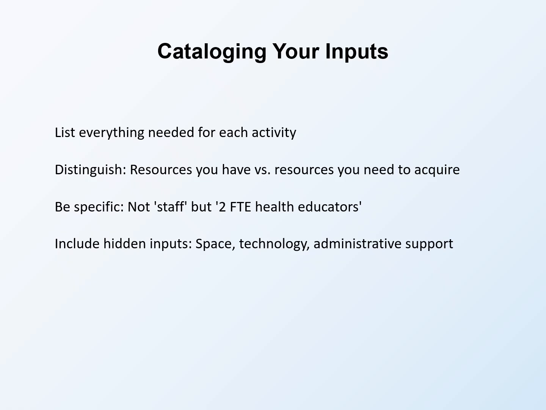Resources you need are risks until secured. Be specific. Don't write staff. Write 2 full-time equivalent health educators with community outreach experience. Specificity reveals whether you actually know what you need, and include hidden inputs that are easy to overlook. Space, where will activities happen? Technology, what systems do you need? Administrative support, who handles logistics, data entry, reporting?